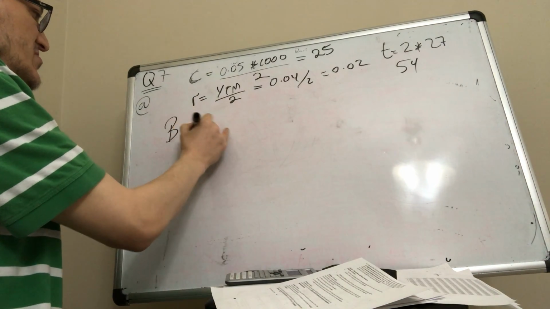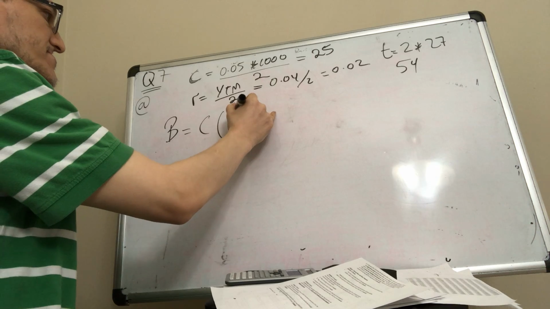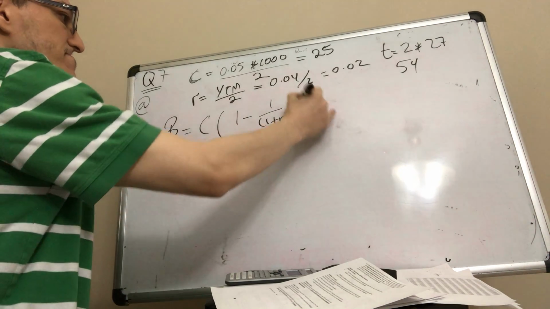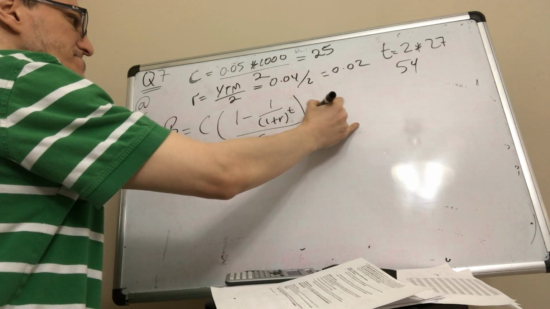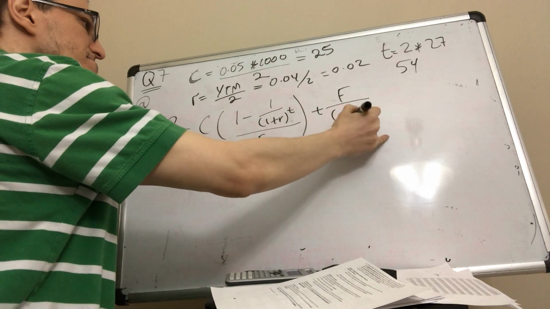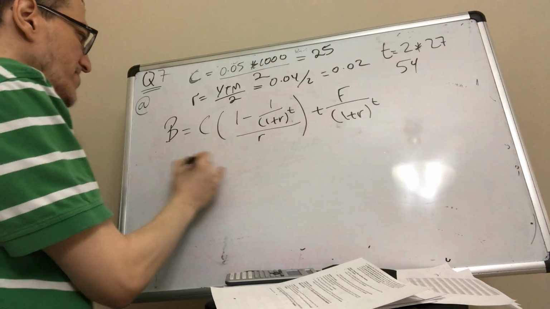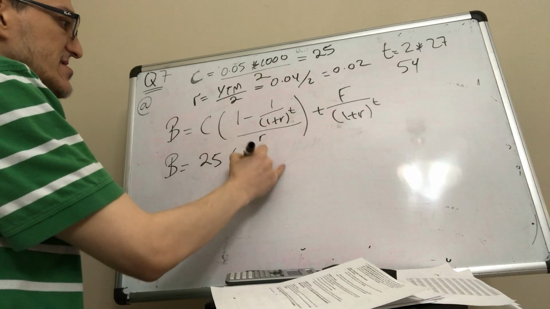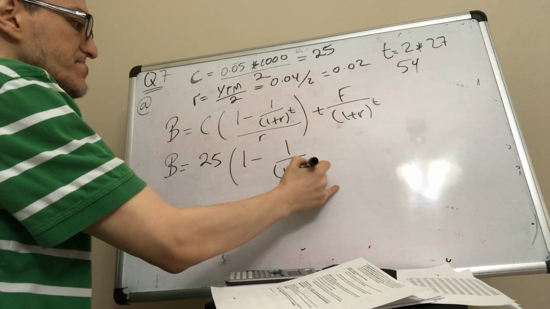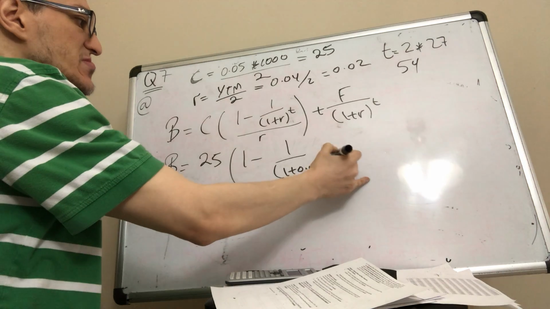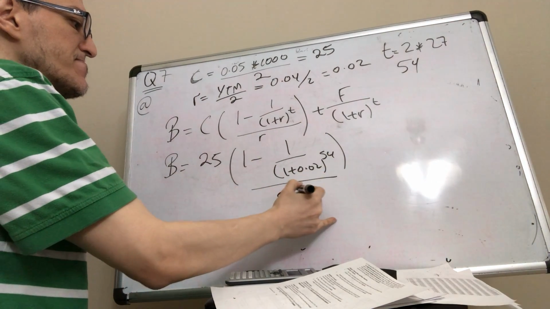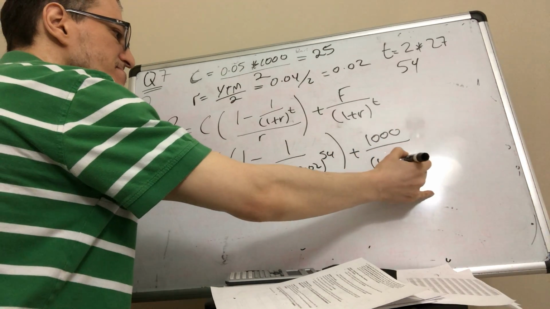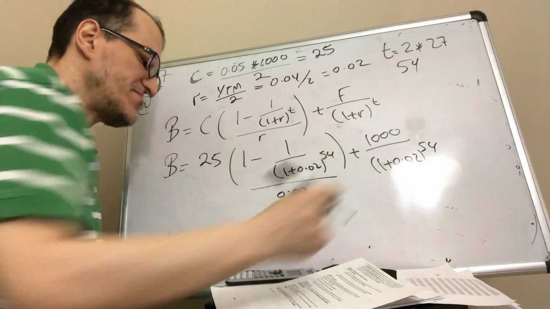We put everything in the formula. That's 25. This is 54. This is 1,000. And this is 54.